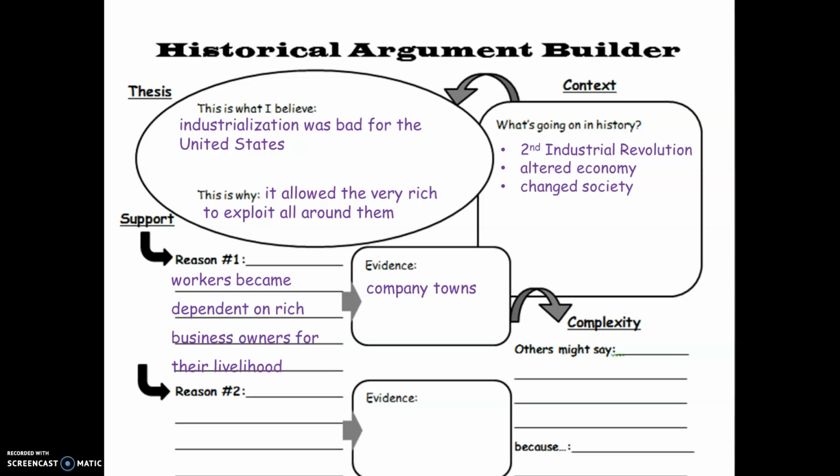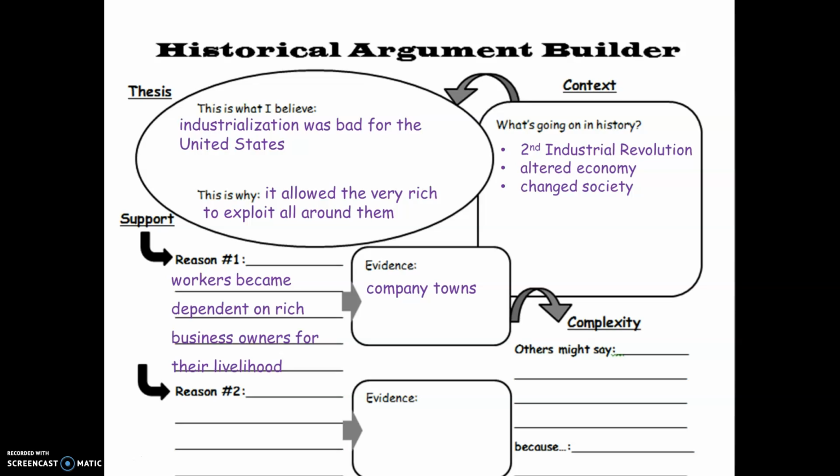Now, for your complexity over here on the right-hand side, you need to use an argument from the other side. So if you want to argue the positive, you can use what I put here as my negative argument for your complexity, right? This is the counterclaim. Others might say the rich became too powerful and workers were dependent on them, such as in company towns.